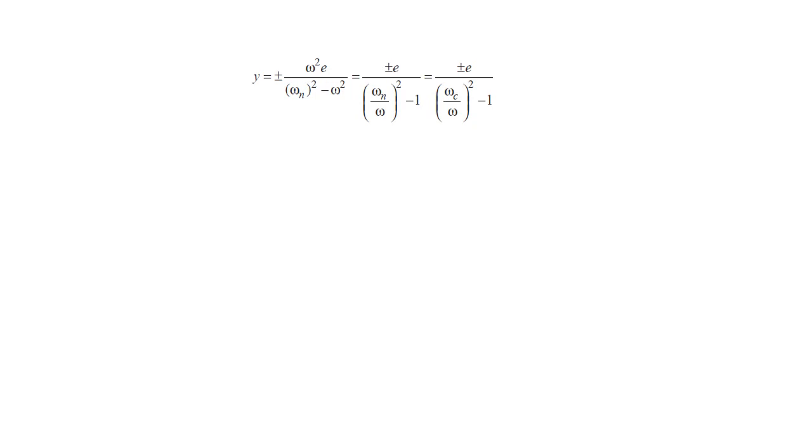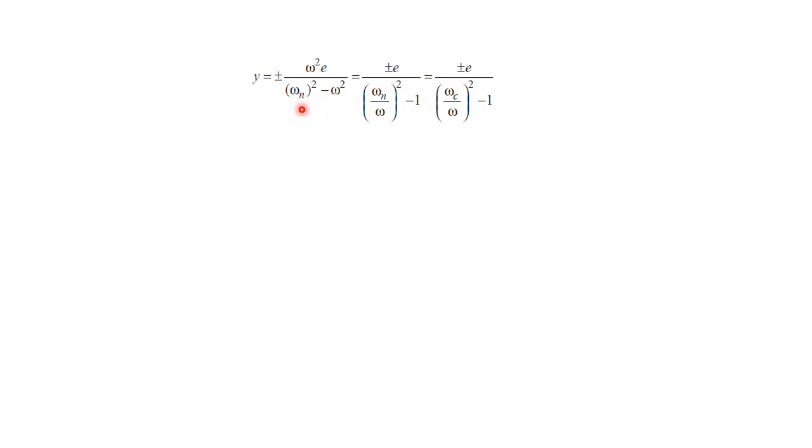So the deflection of the shaft y is equal to omega square e by (omega n square minus omega square). This is what we have derived. Now we can see that the denominator is omega n square minus omega square.